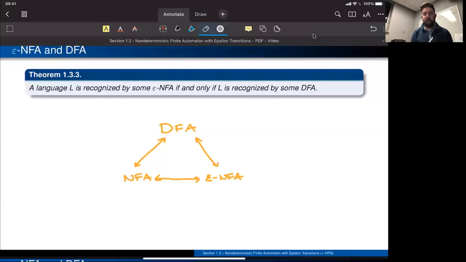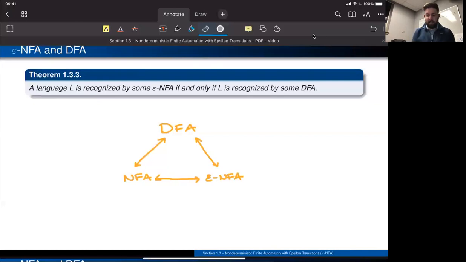This is an if and only if statement, so it goes both ways. The other direction is actually kind of silly. So if you have a language recognized by a deterministic machine, it's also recognized by a non-deterministic machine, in that all deterministic machines are also non-deterministic, in that it's harder to be deterministic actually.